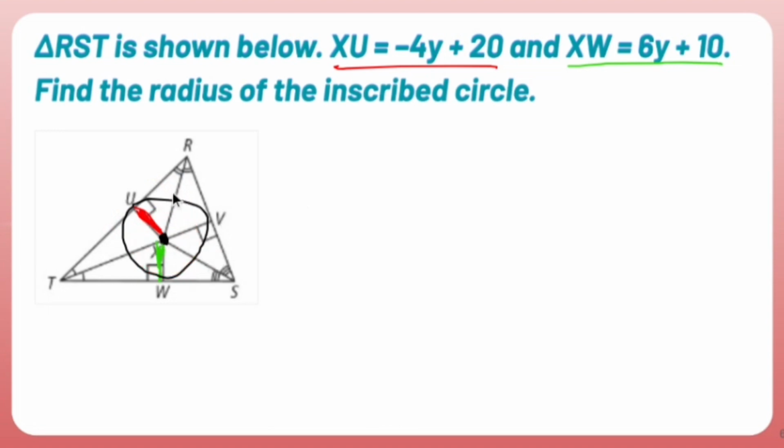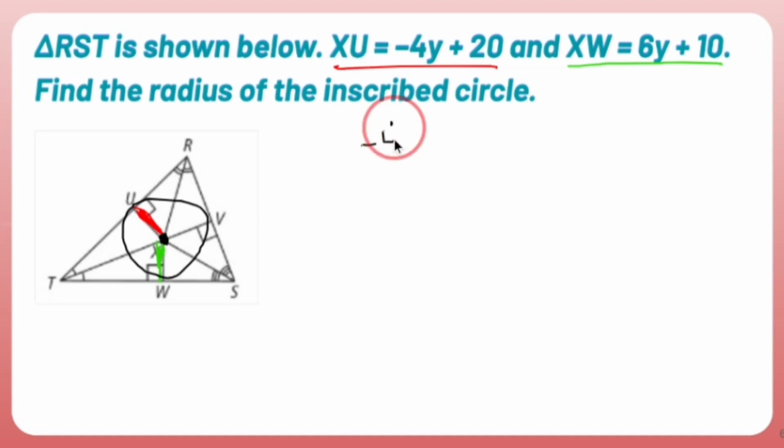It's a circle drawn inside of a triangle. The nice thing is XU and XW are all radii of this circle, which means they're all equal. So XU is equal to XW.